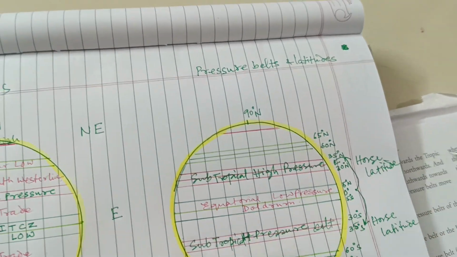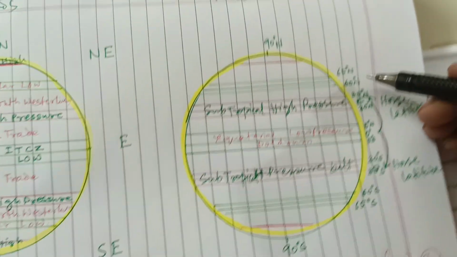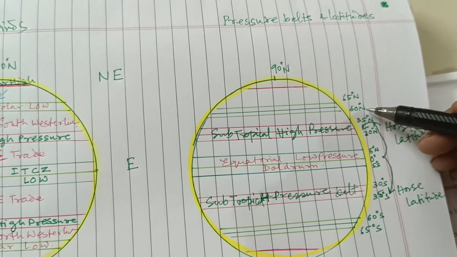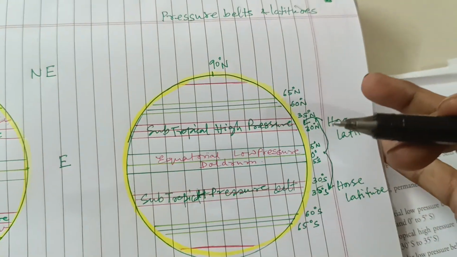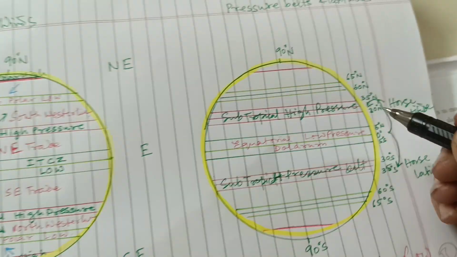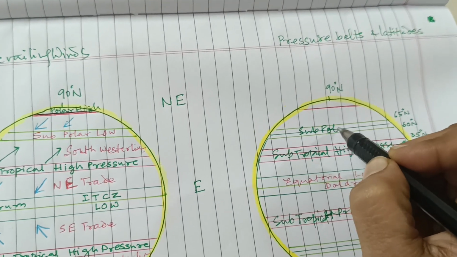Now we are coming to the next part, which latitude is very important. We can see 60 degrees north to 65 degrees north, where we are getting the subpolar low pressure belt.